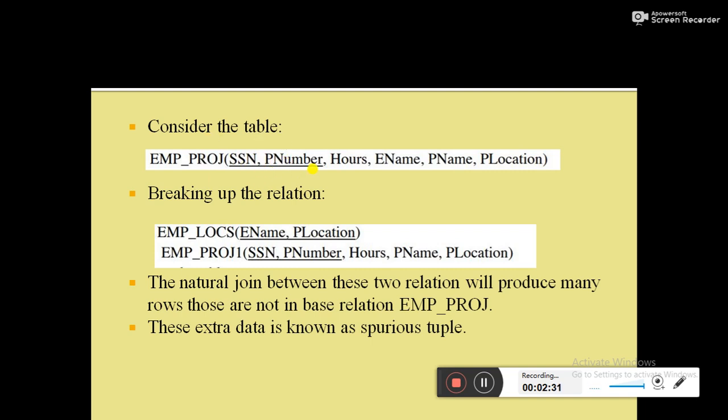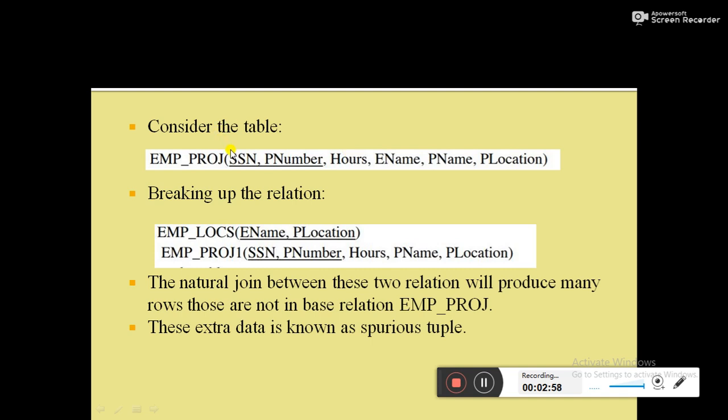Now if you look at the table, the relation is violating guideline 1, because you will be able to find that the relation combines the attributes from multiple entities. For example, here SSN is the social security number, employee name, and hours.